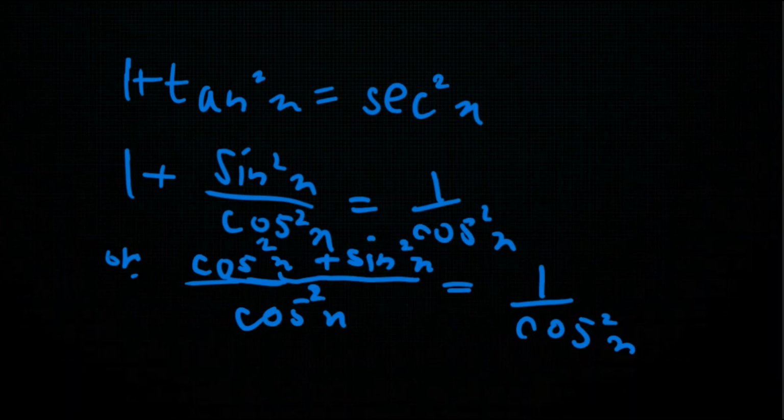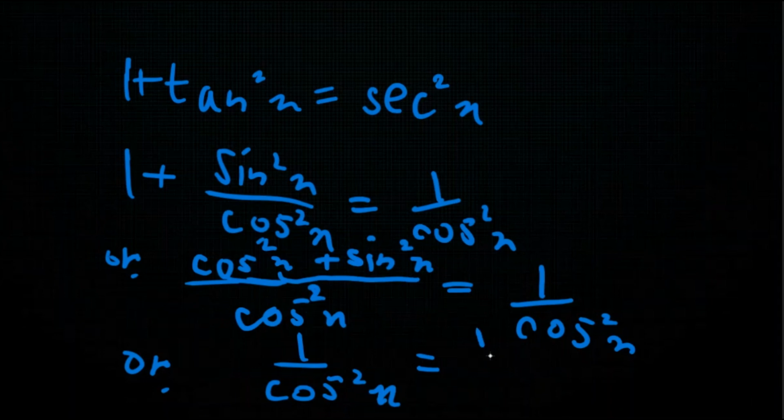Now remember the theorem, sine squared x plus cosine squared x equals 1. We can apply that here, which gives 1 by cosine squared x equals 1 by cosine squared x. And hence we have proven that 1 plus tan squared x equals secant squared x.